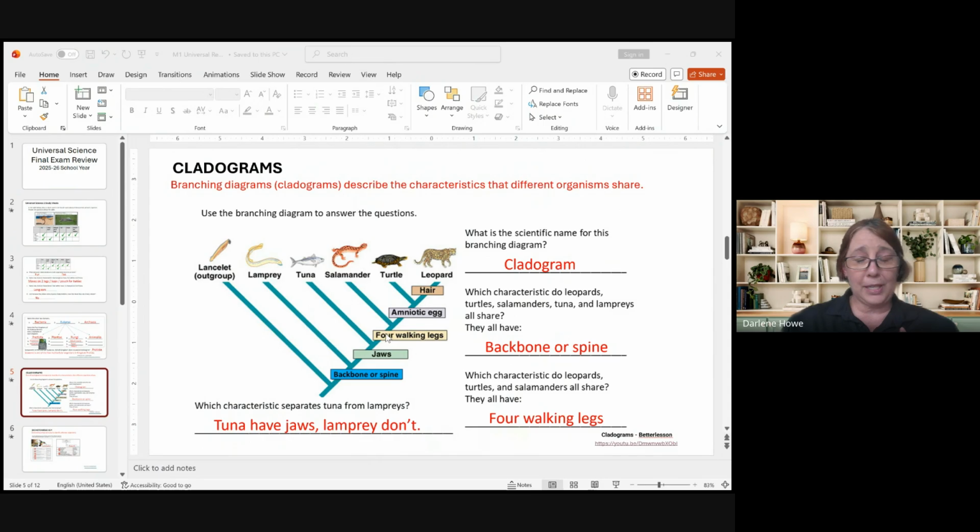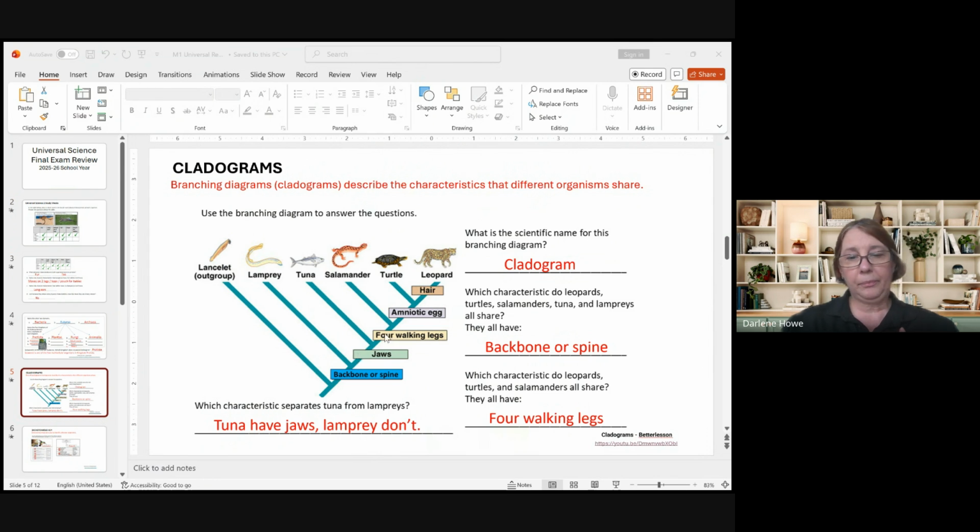Okay, so that makes more sense. A salamander, a turtle, and a leopard all have 4 walking legs. That physical characteristic showed up on the timeline in between when the tuna and the salamander are on it. So everything above the line has that trait. Everything below the line does not have that trait.